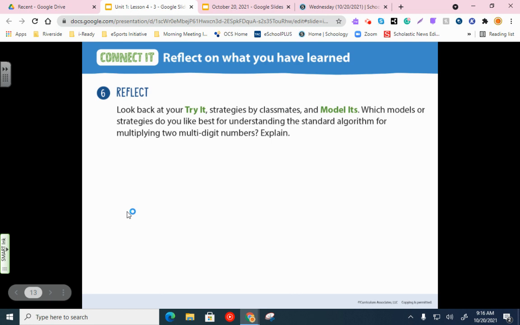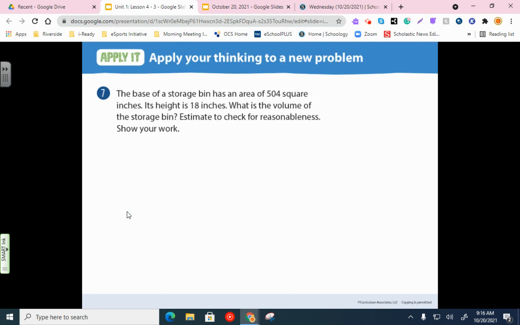All right, so for number 7, it says the base of a storage bin has an area of 504 square inches. Its height is 18 inches. What this means is just like our volume question, volume equals base times height. I like how sometimes these lessons call back to the previous lesson.